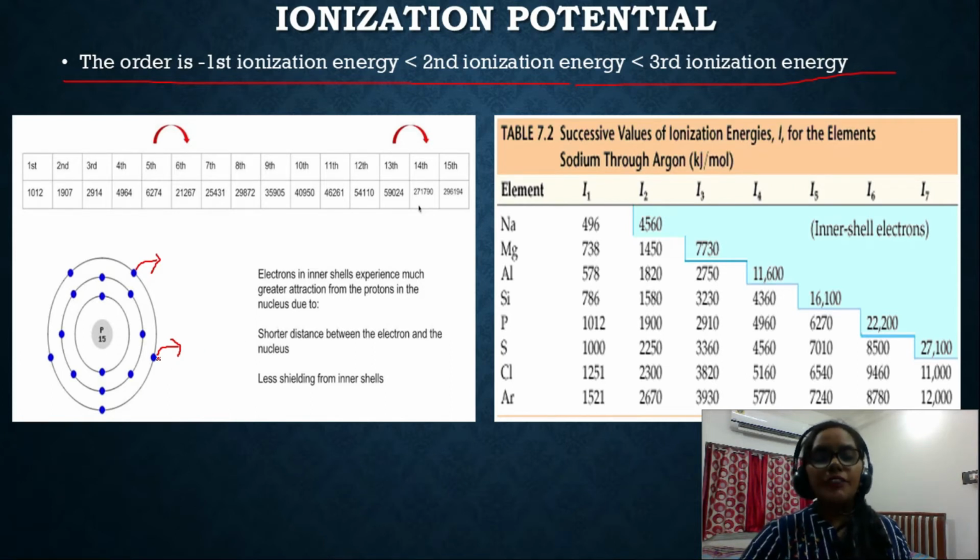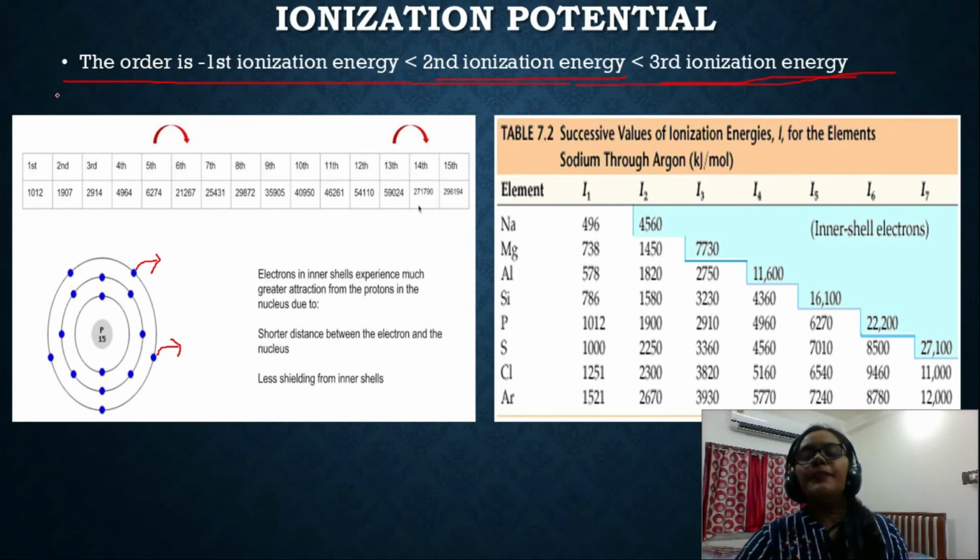Now again I want to remove another electron. After removal of the second electron, 13 electrons remain. So these 13 electrons will again be bound by the nucleus more strongly, because the number of electrons is decreasing. That is why the first ionization energy is less than the second ionization energy, which is less than the third.